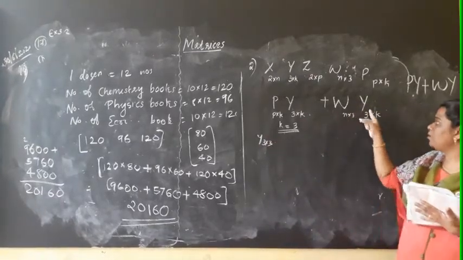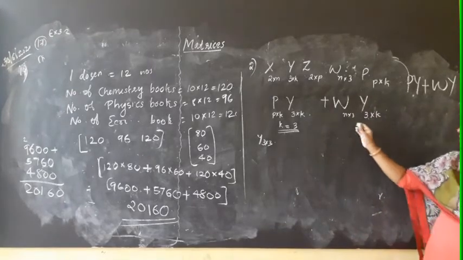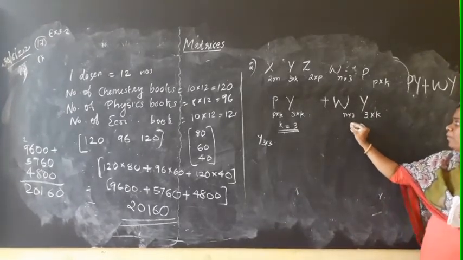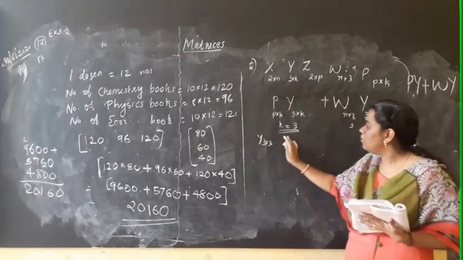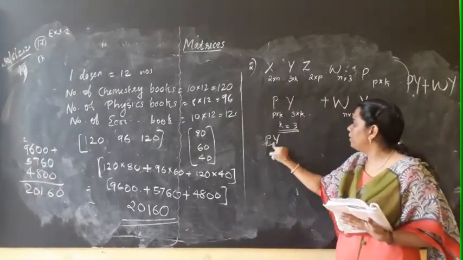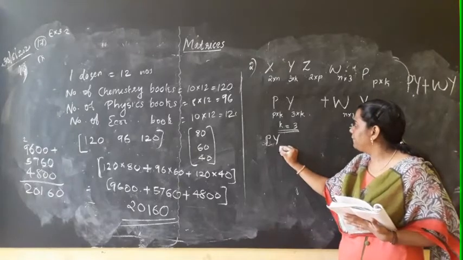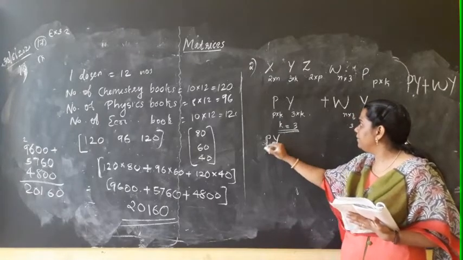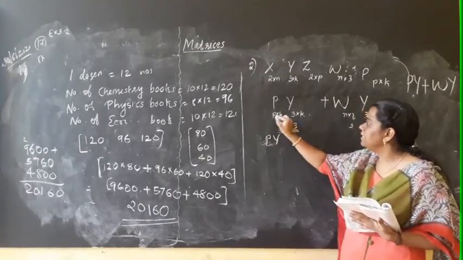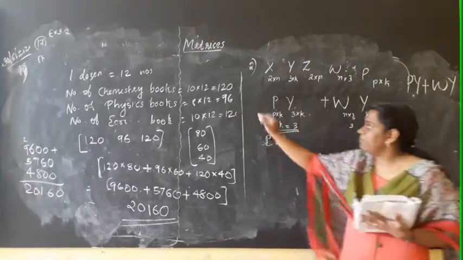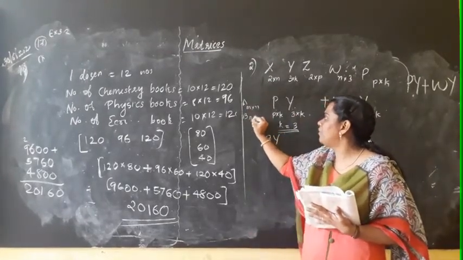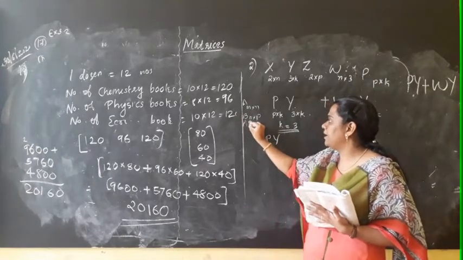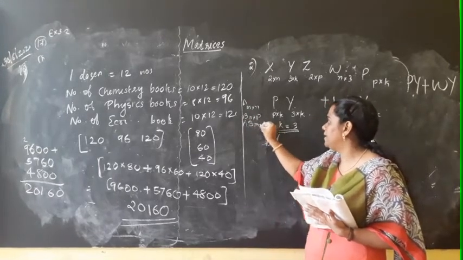And WY is defined. Now what is the order of PY? If A is a matrix of order m by n and B is a matrix of order n by p, then the product AB is of order m by p.